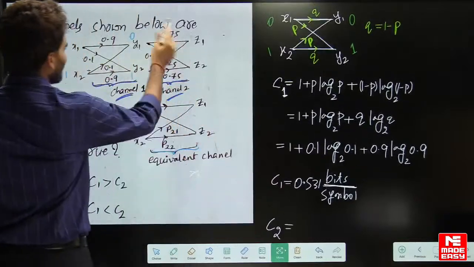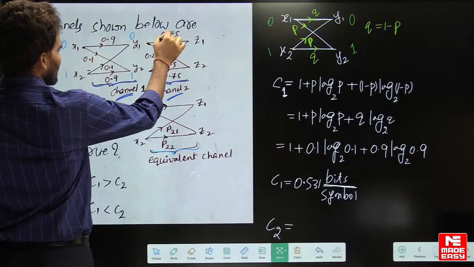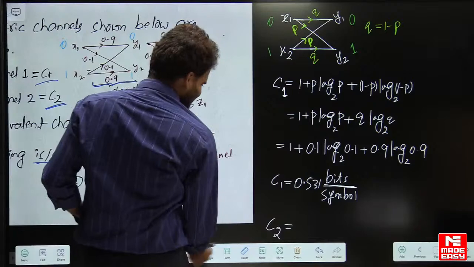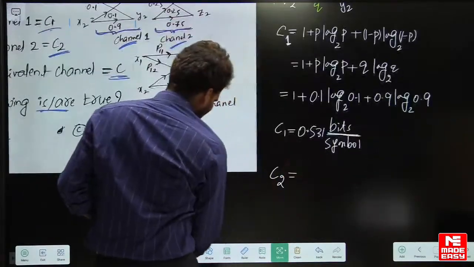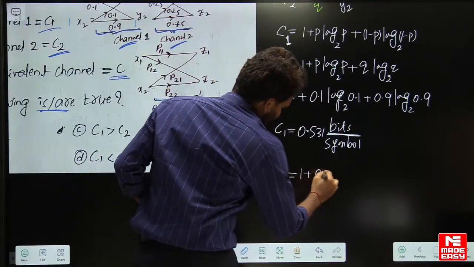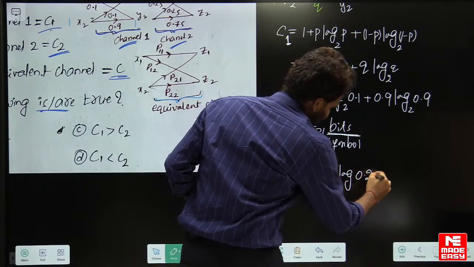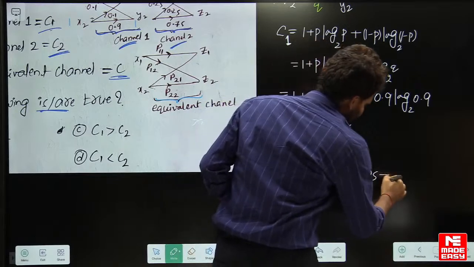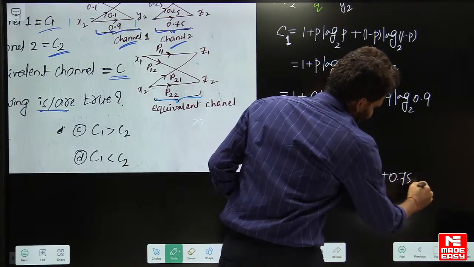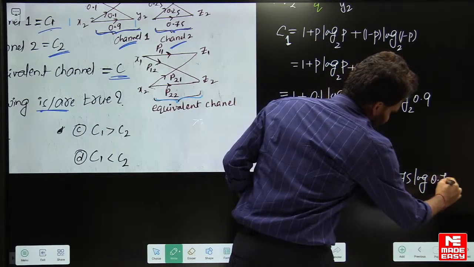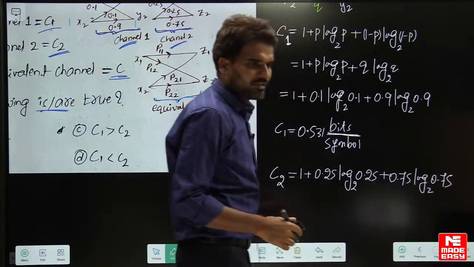For the second binary symmetric channel, p will be 0.25 and q is 0.75. So this is 1 plus 0.25 log 0.25 base 2 plus 0.75 log 0.75 base 2.